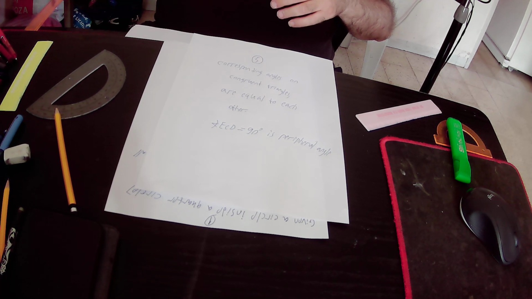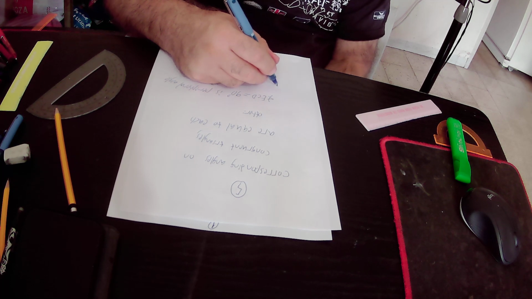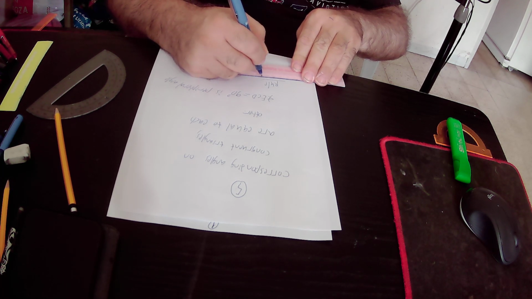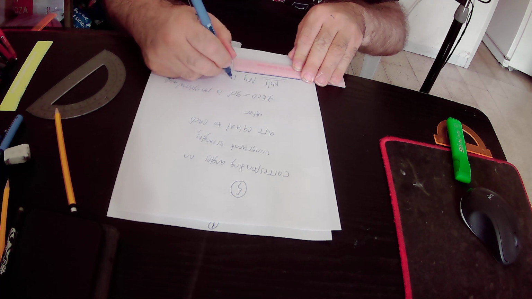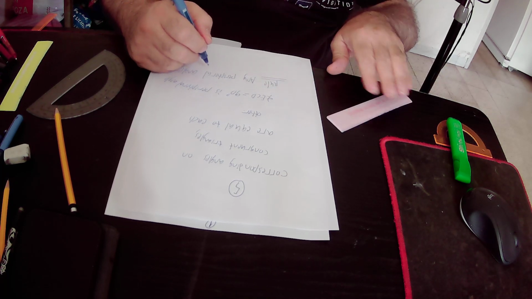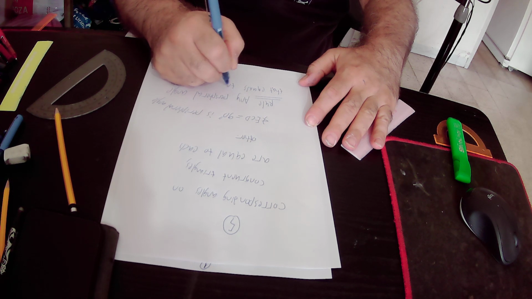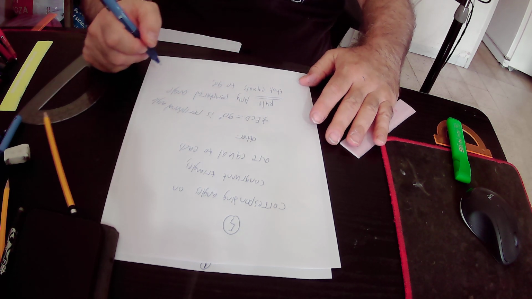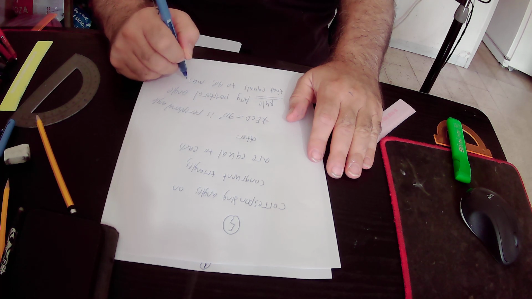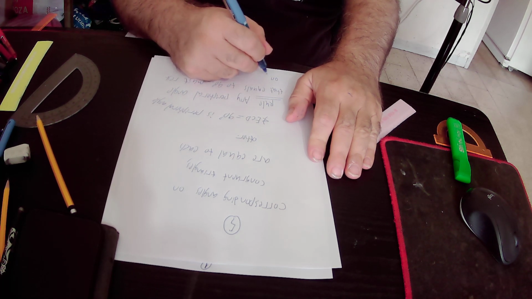And we have a rule that states that any peripheral angle that equals 90 degrees must rest on the diameter of the circle.